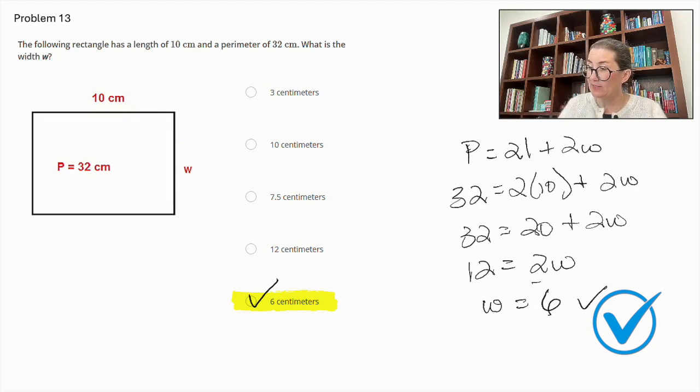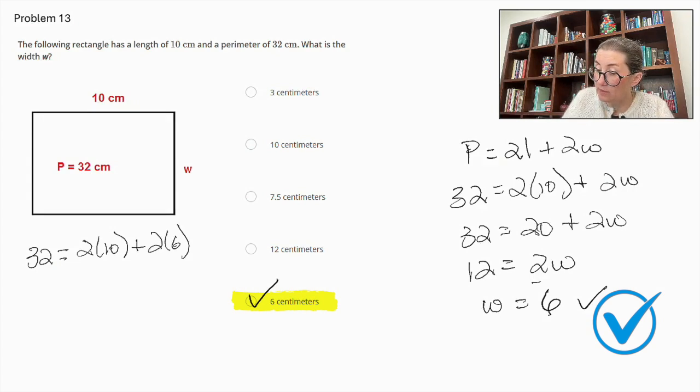There we have it. We can plug the numbers in just to make sure. 32 is equal to 2 times 10 plus 2 times 6. 32 equals 20 plus 12, and that checks out. So 6 centimeters is definitely the correct answer.